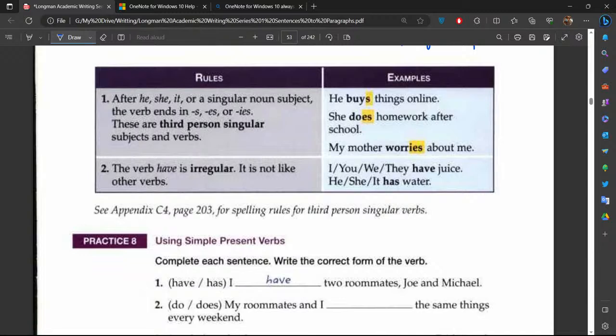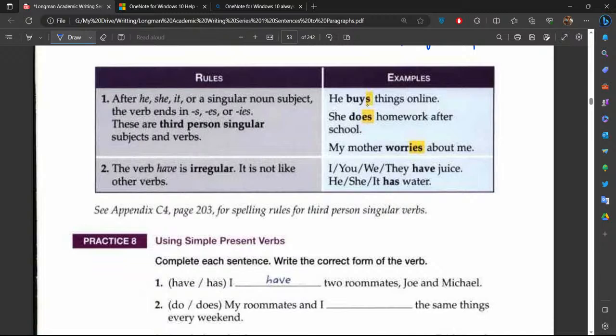These are third person singular subjects and verbs. The verb have is irregular. It is not like the other verbs. So have doesn't become haves. It becomes has: he has, she has, it has.